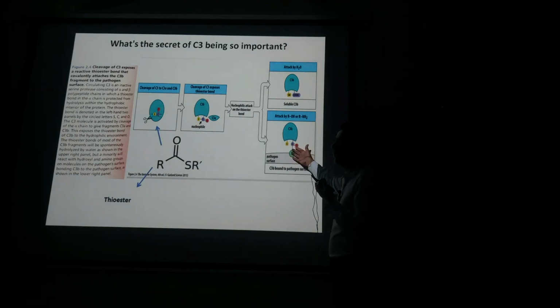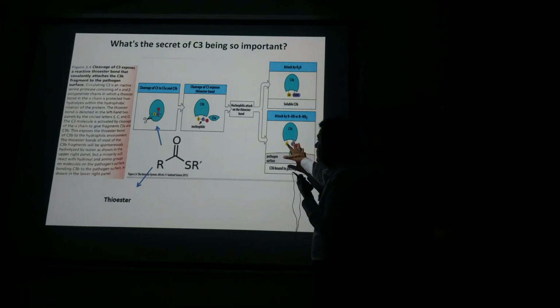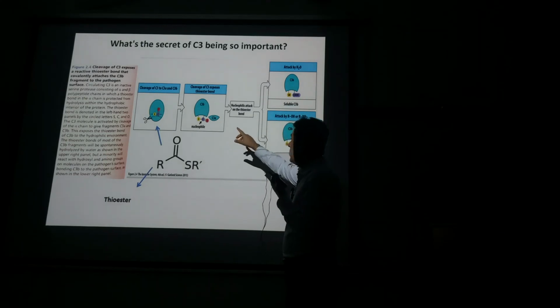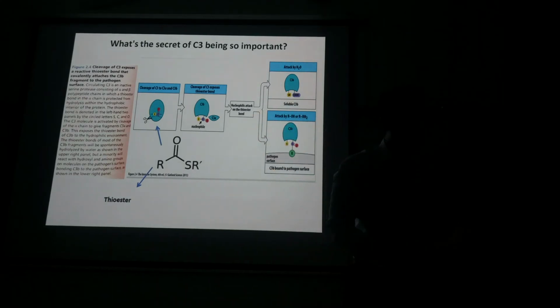And why would the covalent linkage be made? Because the thioester linkage is prone to make bonds with other molecules, particularly water and amino acids and amino groups. The water also is abundant on the surface of the pathogen, and these molecules are also found on the surface of the pathogens.